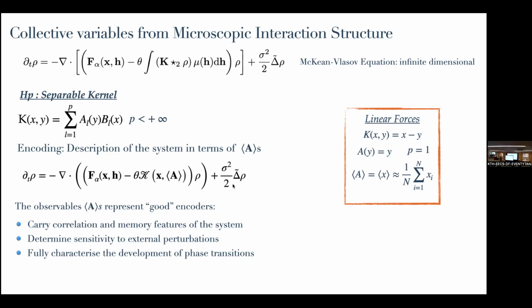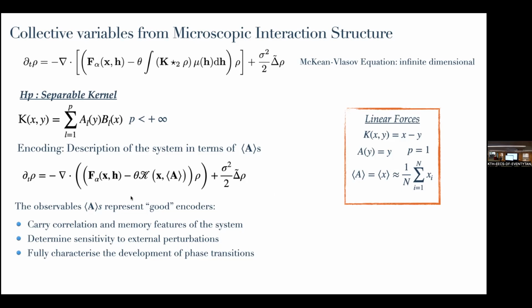Here you have this delta with a tilde, which is just a generalized diffusion term. The noise itself doesn't depend on the other agents, so it's the same for each of the agents, and you don't have any interactions through the noise. So here you have the second derivative and then the diffusion matrix. Okay, thank you.